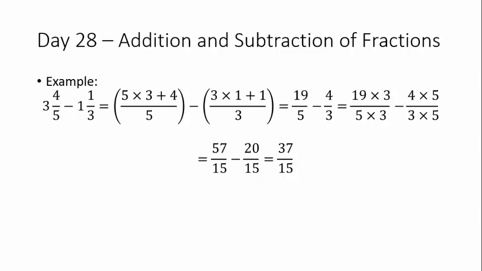The second fraction, 4/3, can be multiplied by 5 over 5. This gives us 20 over 15. Now that the denominators are equivalent, I can simply subtract the numerators. 57/15 minus 20/15 equals 37/15. Make sure that you can comfortably perform these types of operations.